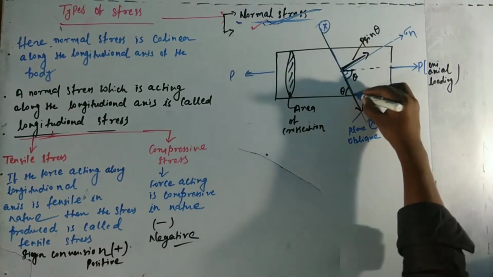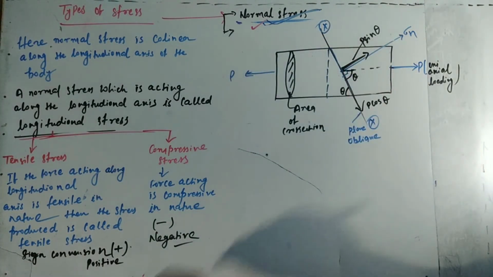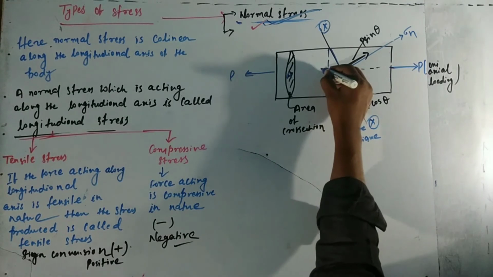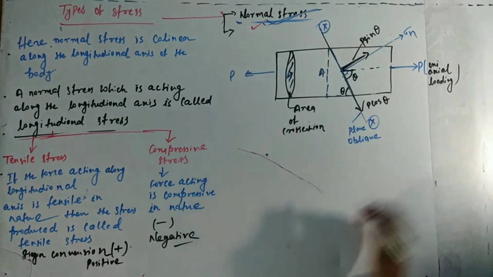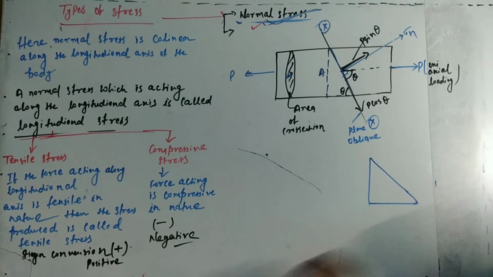Now we make a triangle. So now we will separate this triangle to understand. This is area A, and here we separate the triangle.